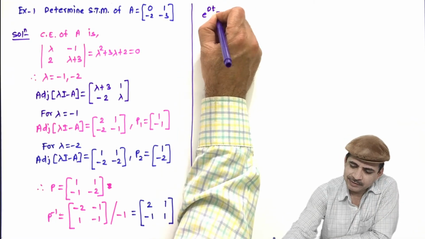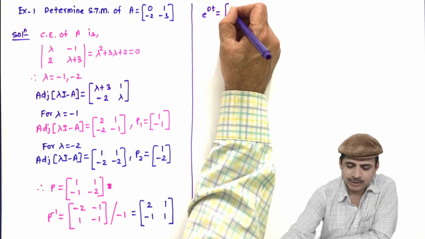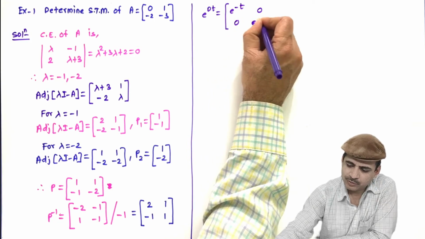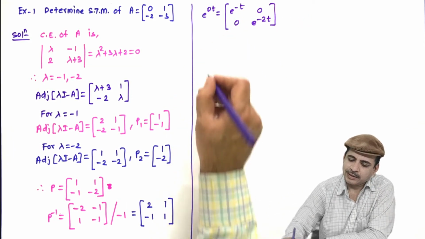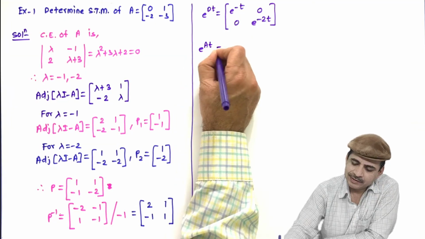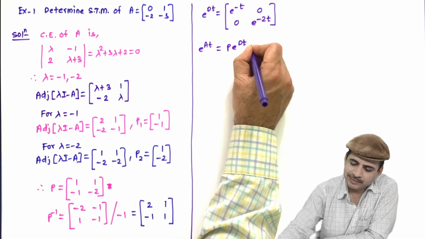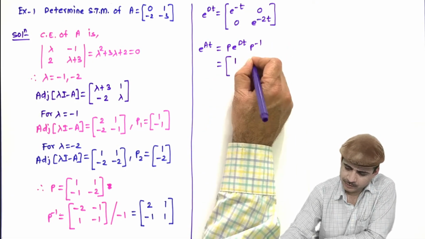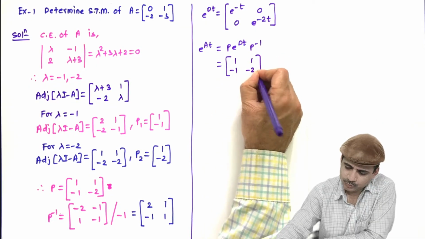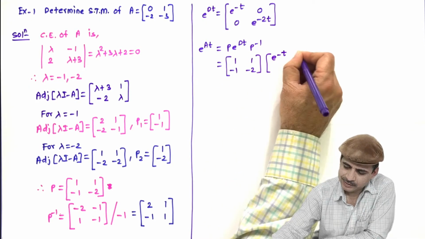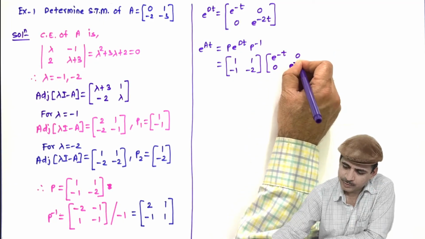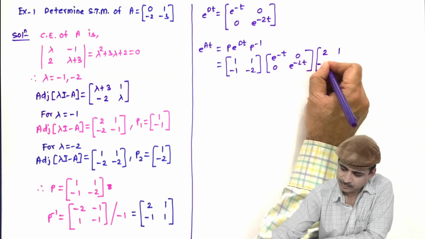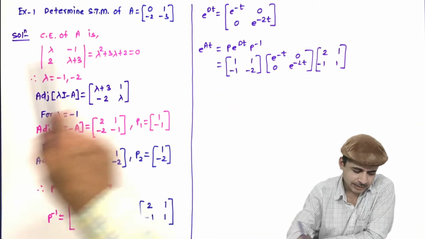e raised to Dt is equal to [e raised to lambda 1 t, that is e raised to minus t, 0; 0, e raised to minus 2t]. And then e raised to At is equal to P e raised to Dt P inverse, that is equal to [1, 1; minus 1, minus 2] times [e raised to minus t, 0; 0, e raised to minus 2t] times P inverse [2, 1; minus 1, minus 1].